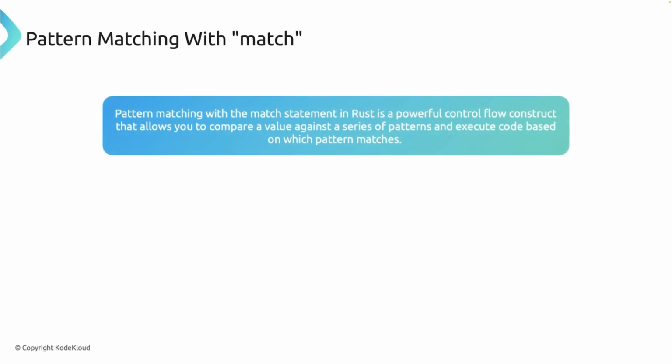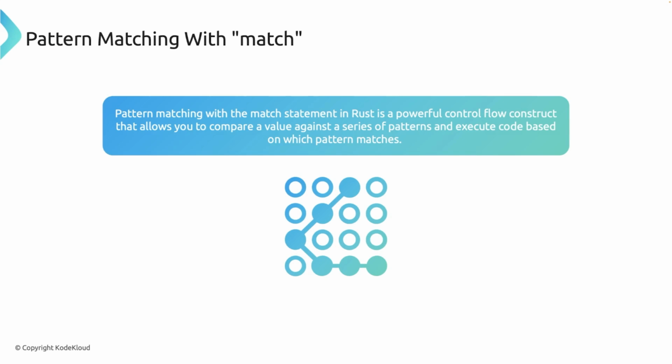Pattern matching with the match statement in Rust is a powerful control flow construct that allows you to compare a value against a series of patterns and execute based on which pattern matches. This video will provide a detailed overview of the match statement, explaining how it works and providing examples to illustrate its usage.